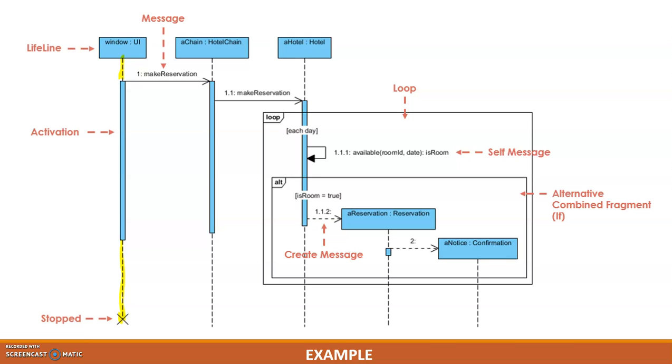The time duration for which it remains active, we show through the activation line, and that activation line is nothing but one vertical solid bar. As you can see, it is a vertical solid bar. It shows the activation.